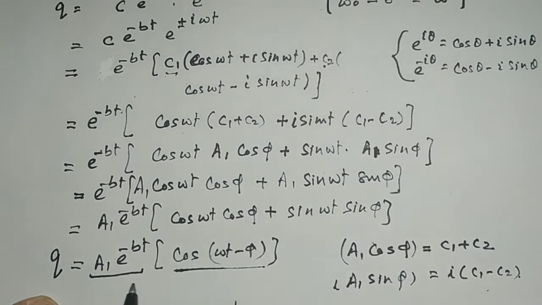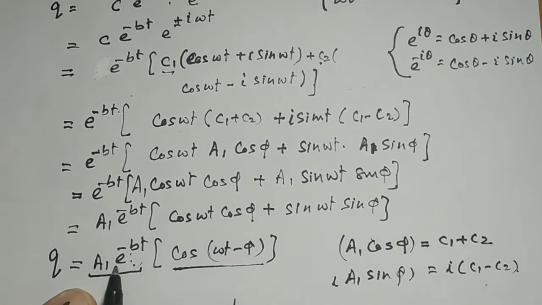So it shows that the oscillations are now varying with the cosine function, which is a harmonic, oscillatory function. But the difference is that the amplitude is not constant now. Amplitude A1 is not constant because it is multiplied with the exponential factor, which is negative and decaying. So the total amplitude will decrease with time, though the oscillations are there with the cosine function.